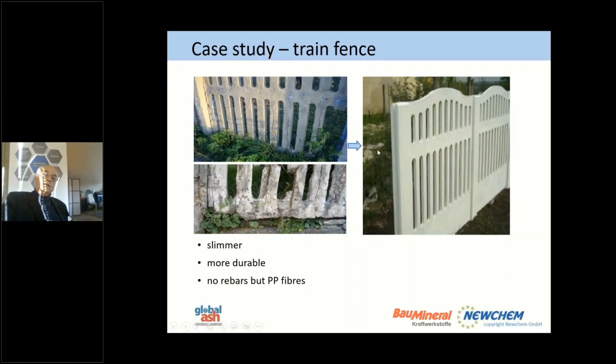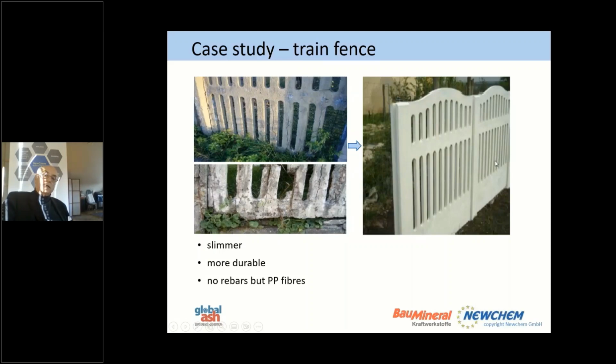We then decided to try to make a new construction way using cement and Microsit here, and using polypropylene and glass fibers, so that we came down from about 8 centimeters thickness to 2.5.